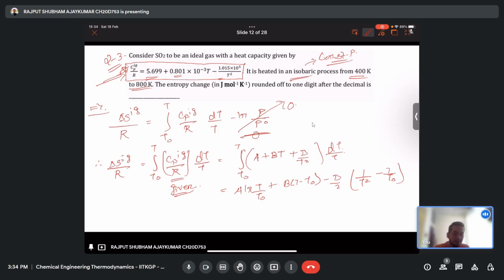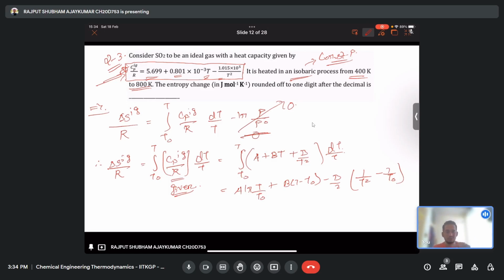So you can take some assumptions: suppose 5.699 is A, B is 0.801 into 10 raised to minus 3, T is already given here, and for D by T squared, D is minus 1.05 into 10 raised to 5.